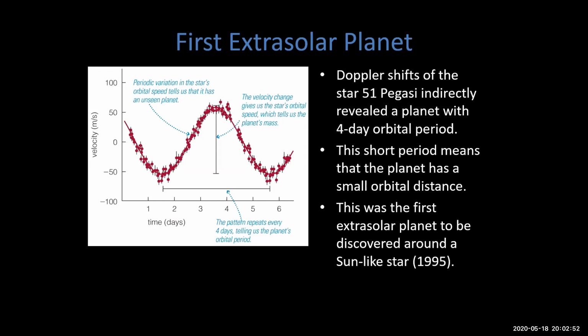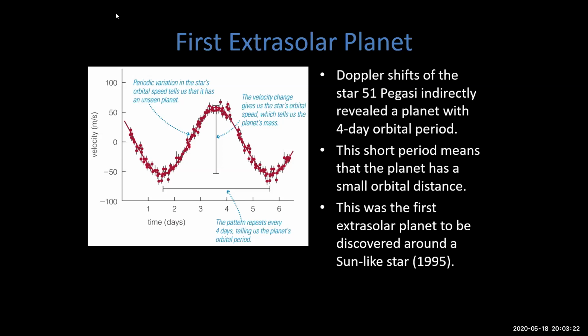Here, the star's light was getting shifted up to 50 meters per second in either direction. So it was moving 50 meters per second towards us and 50 meters per second away from us, shifting between these two numbers every 4 days.